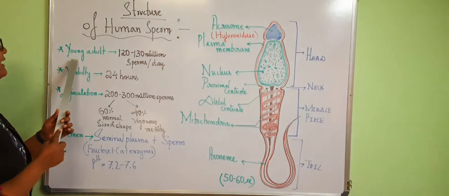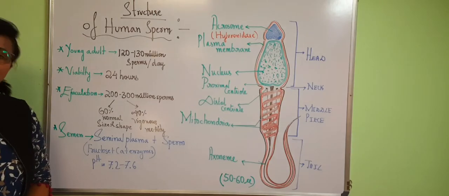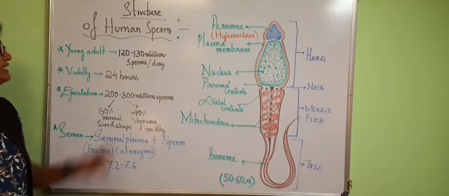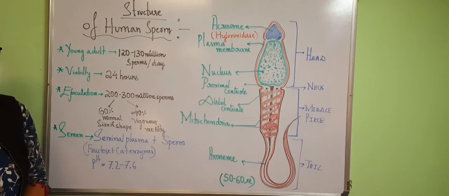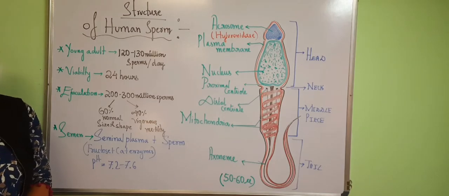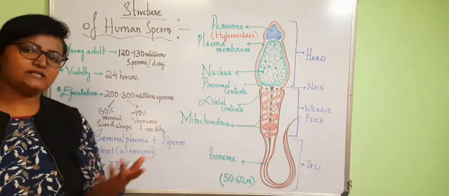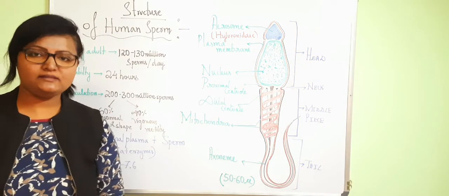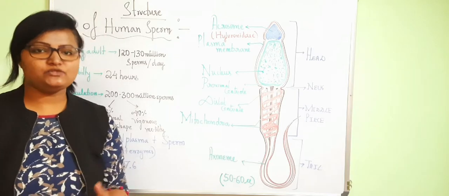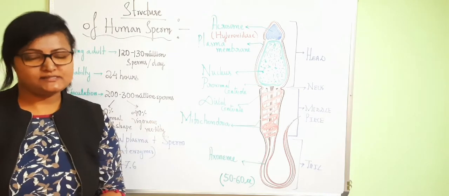A normal young adult male forms 120 to 130 million sperms per day. Per day, how much does a young adult form? We know spermatogenesis starts only after puberty. When a male individual attains maturity, spermatogenesis starts.